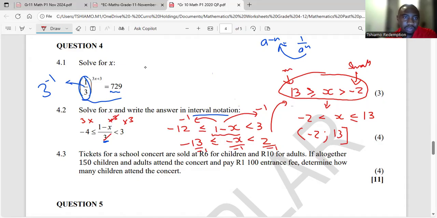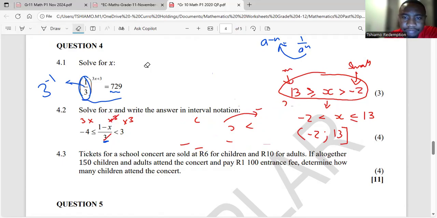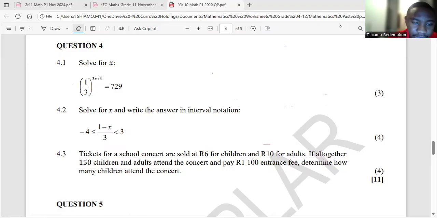We're down to, okay, there's another question here. Let's look at the question. Okay, let's go through the question. It says tickets for a school concert are sold at 6 rand for children.